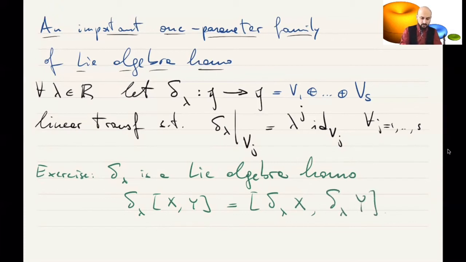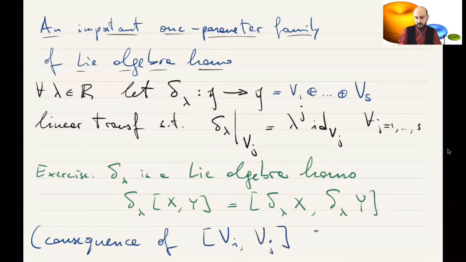This exercise is true as a consequence of something we noticed last time, that if you perform the bracket between Vi and Vj, you get something that is inside V_{i+j}.